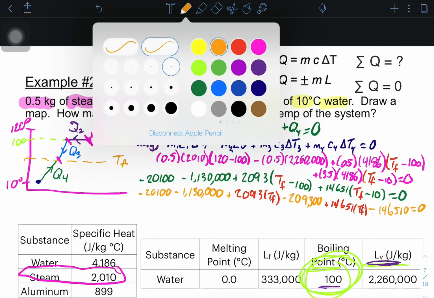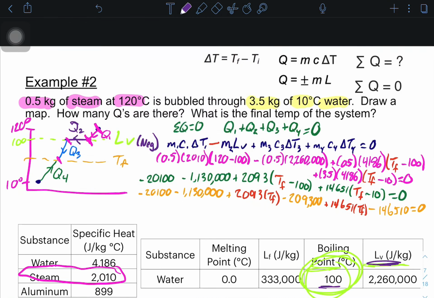Okay, so now we combine our like terms, which are all the orange terms are like terms, all the red terms are like terms that have TF, so we're going to combine our TFs, and we end up with 16744 times TF, and then we combine my orange non-TF terms, and that's going to be minus 1505910, which is all equal to 0.